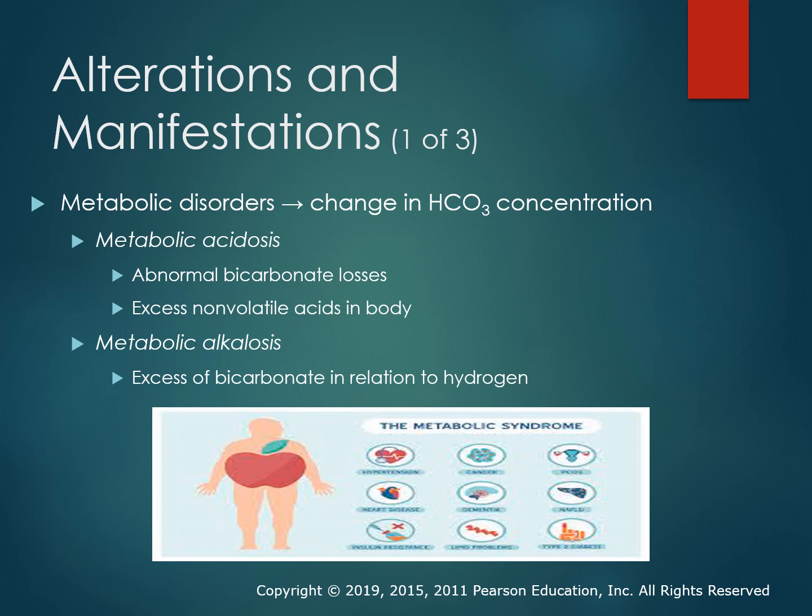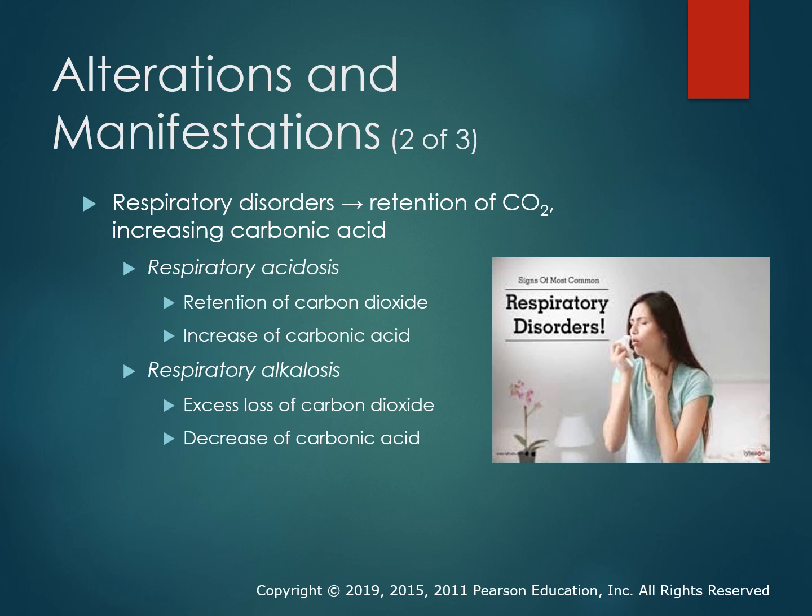This is metabolic acidosis. Now, metabolic alkalosis, by contrast, there's an excess of bicarbonate in relation to the amount of hydrogen ion. The pH is above 7.45 and the bicarbonate concentration is greater than 28. And we will talk about this in class as well. I'll make sure and get you straight.